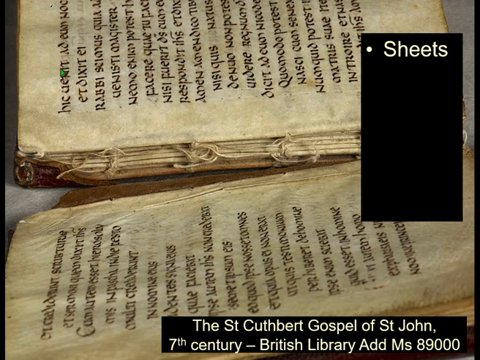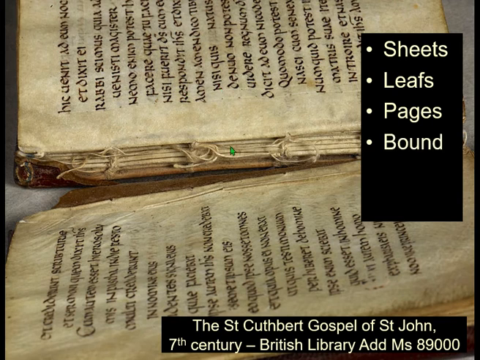And you have sheets which are folded over into leaves, which form pages. And so a page will be written on both sides. And then it is bound. And so you have a number of sheets folded into leaves, and a bundle of these leaves you'll sew together and bind into a book. And then you'll put a cover on it.